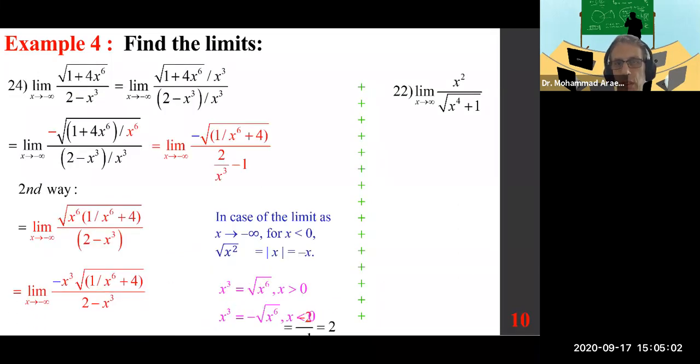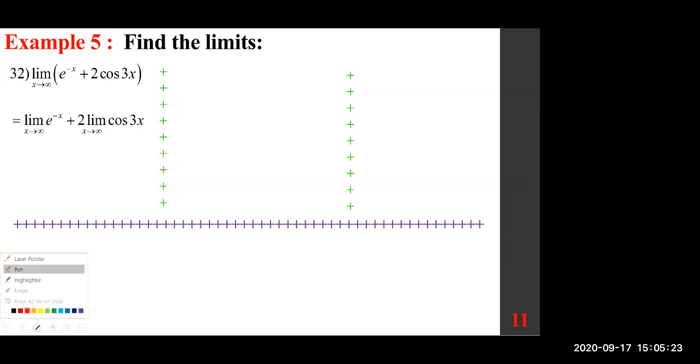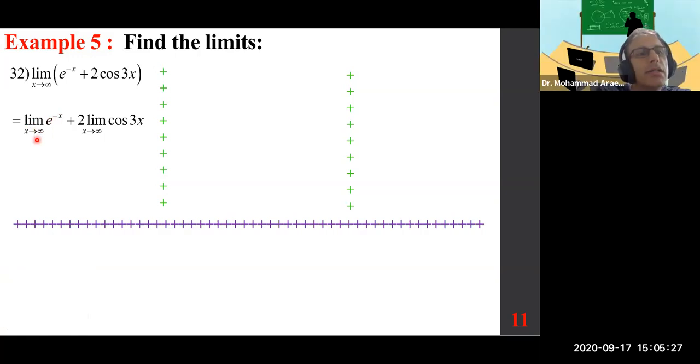Okay, so you really want to spend a little bit of time on this to make sure you have mastered it. We want to find the following limits. Starting with this one, we use the limit laws. We separate them into two pieces, the first piece and the second piece. I hope you realize that the first piece, if you plug in, because it's infinity, e to the power of negative infinity, goes to 0.